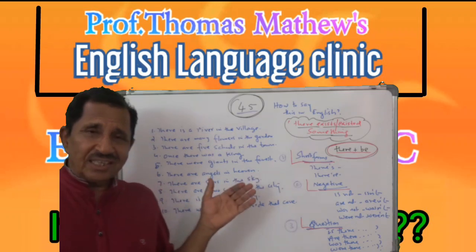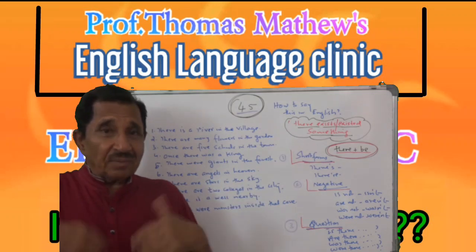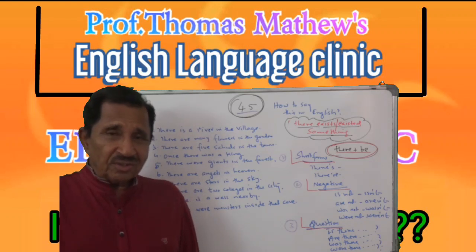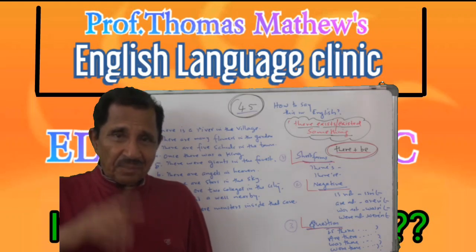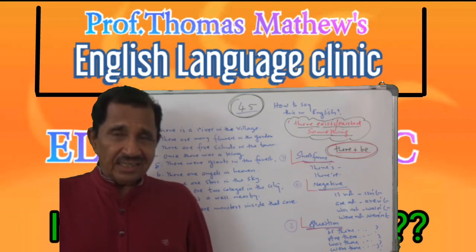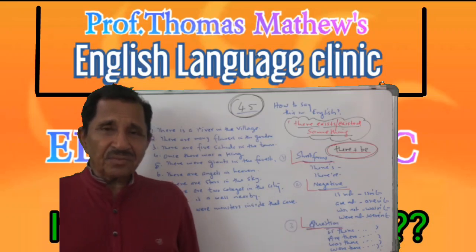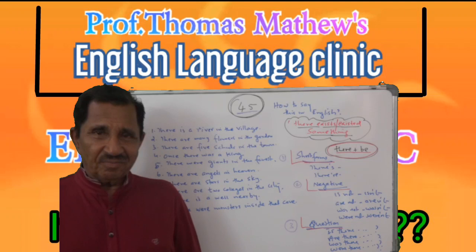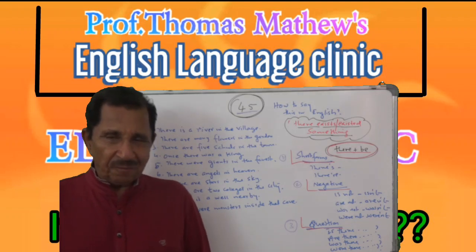Now go through these sentences, then you will see. This can be made negative by not. They can be shortened by there apostrophe s or there apostrophe re, and you read it as there's, like that. Understand? Short forms. You can make questions.